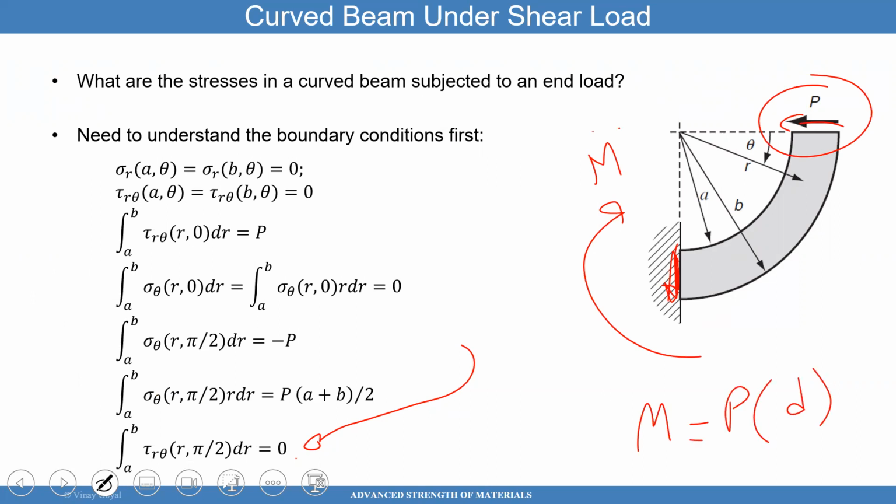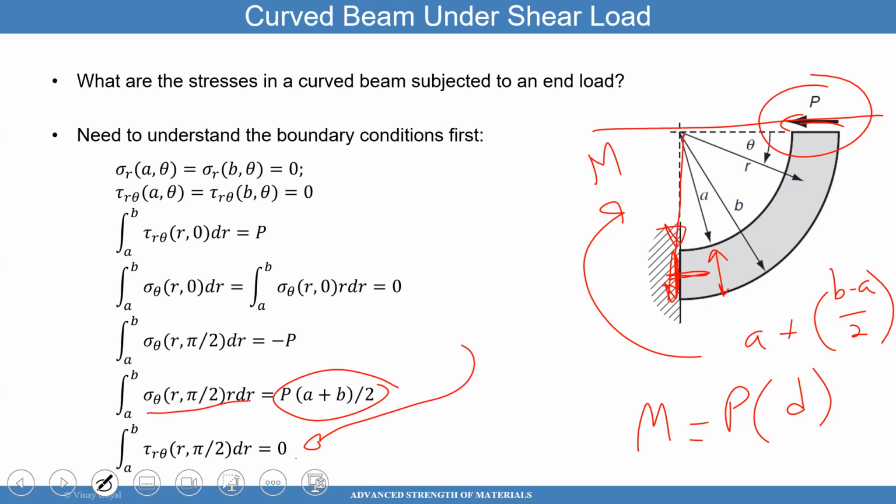The distance is between this and this, correct? So what is that distance? The distance is A, plus this distance here, which is B minus A divided by 2. And when you do that, you get P times (A plus B) divided by 2. So you have a moment resultant on that particular surface.